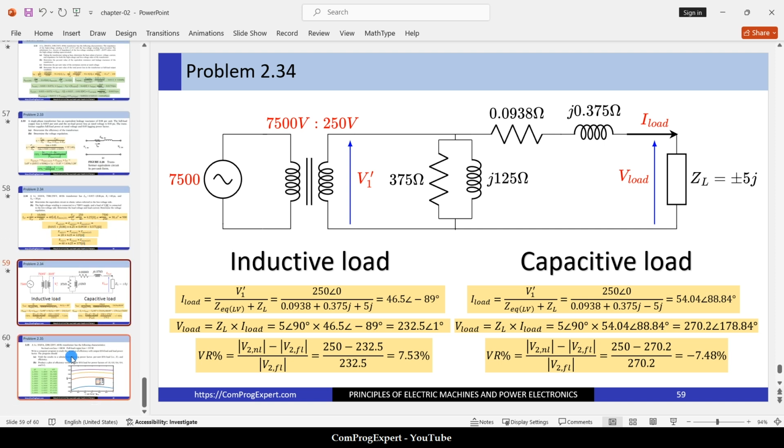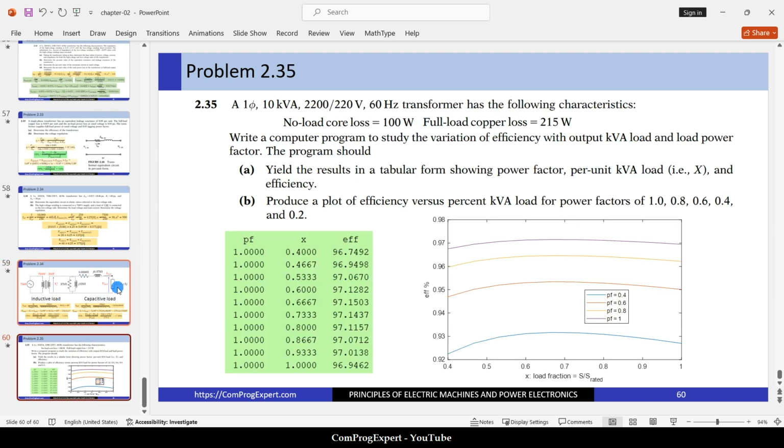Let's go for the last problem of chapter 2, problem 35. A single phase 10 kVA, 2200 to 220 volts, 60 Hz transformer has the following characteristics.